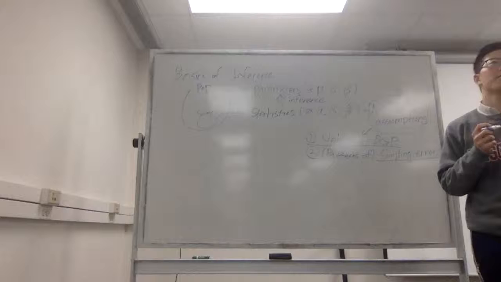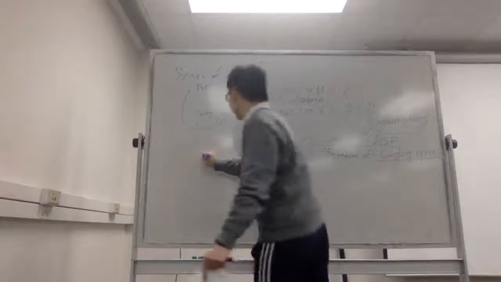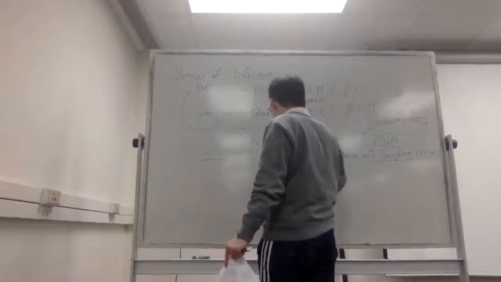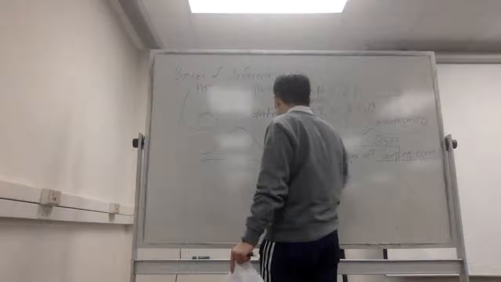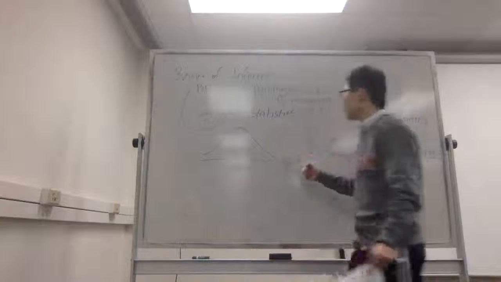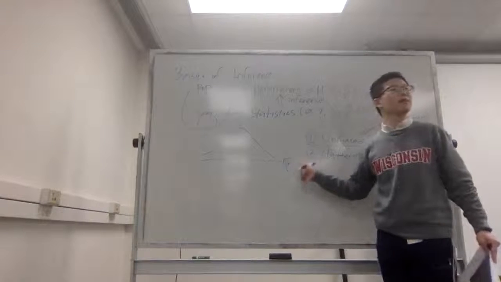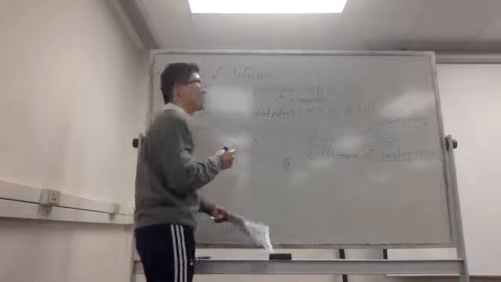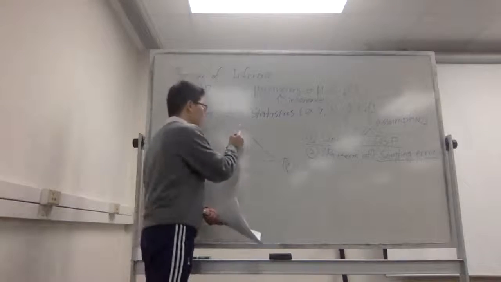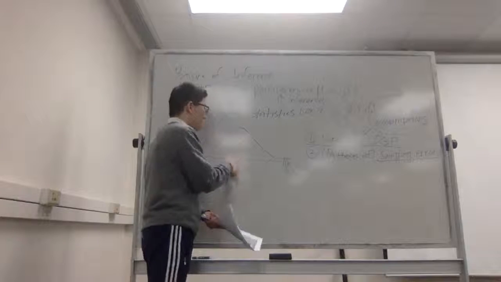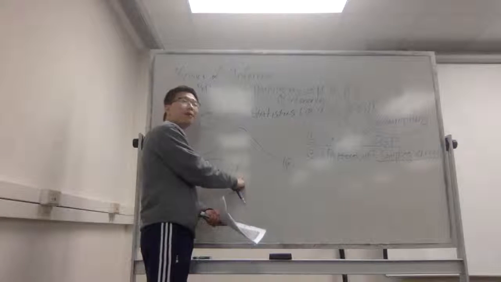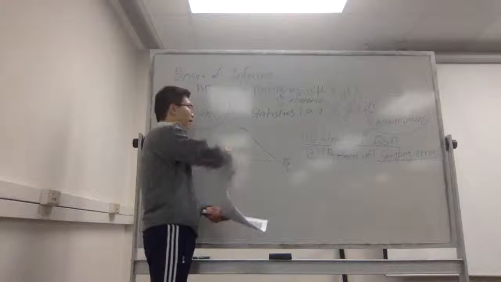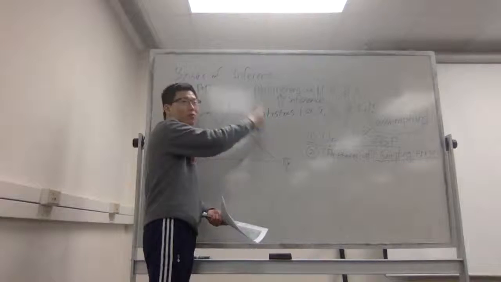So for example, it is assumed that the estimated beta coefficient follows a normal distribution, or t distribution to be exact, around the population beta coefficient.